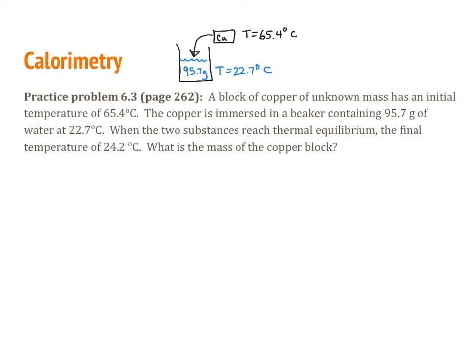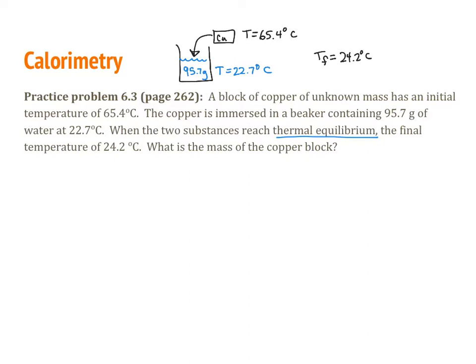It says when the two substances reach thermal equilibrium, which means they've reached the same temperature, the final temperature is 24.2 degrees Celsius. And we are trying to figure out the mass of the copper block.